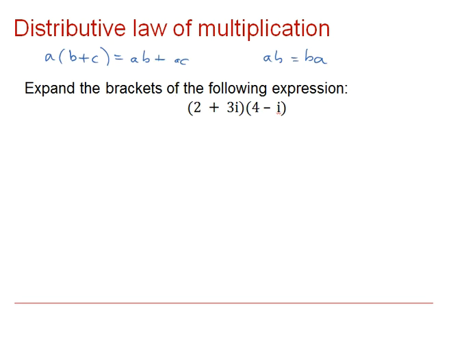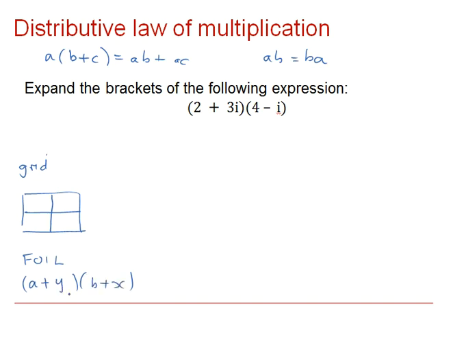We can either do this via a grid method, which some of you may have used at GCSE, or by doing what we might call the FOIL method, where if you have, say for example, (a + y)(b + x), you do all these terms.